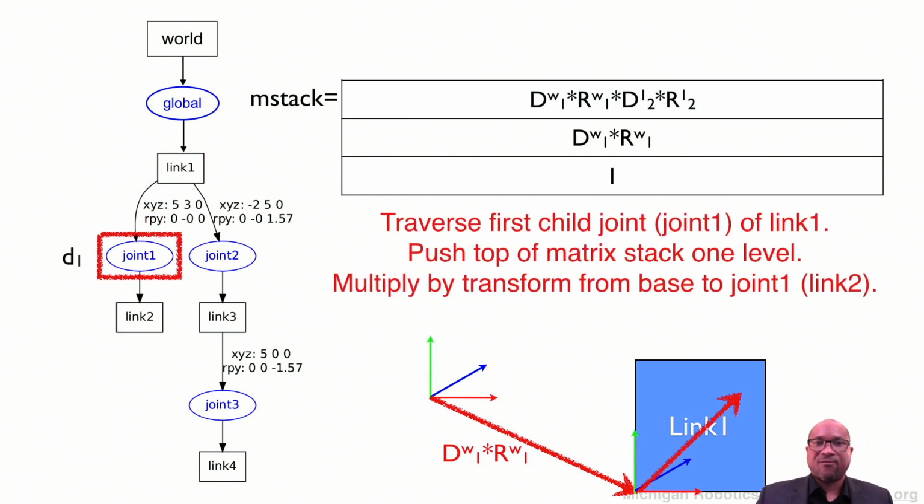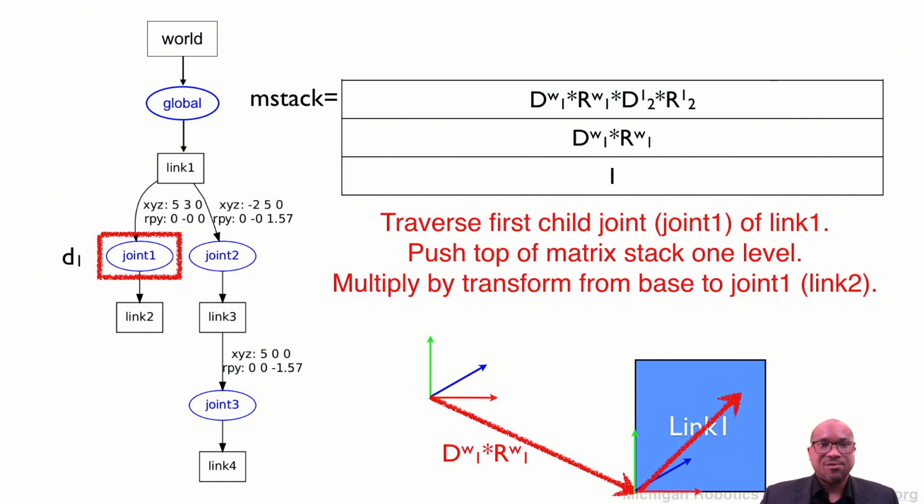We can get to our first joint, and with that first joint, we can place the joint with respect to its parent, position and orientation, so we multiply that onto the top of the matrix stack. That's the positioning of joint 1 with respect to link 1. That's great.